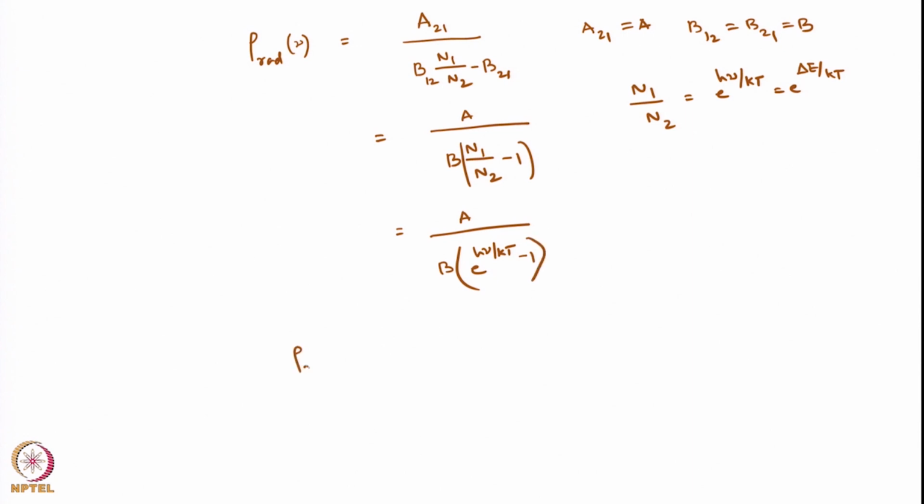Now, rho radiation nu, if I look at it in terms of Planck's black body radiation, gives me 8 pi h nu cube by c cube into 1 over e to the power of h nu by kT minus 1.